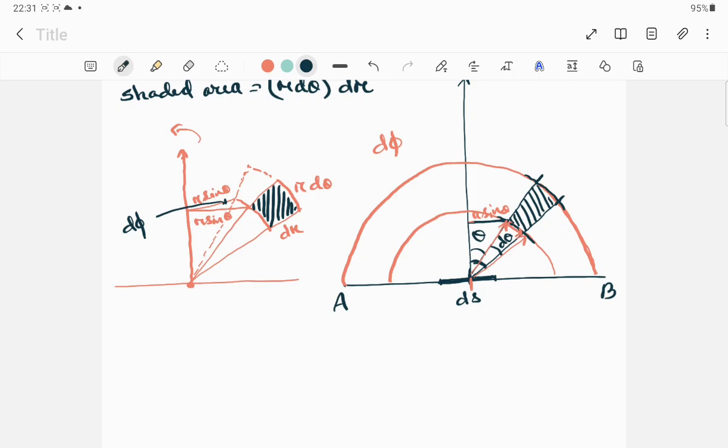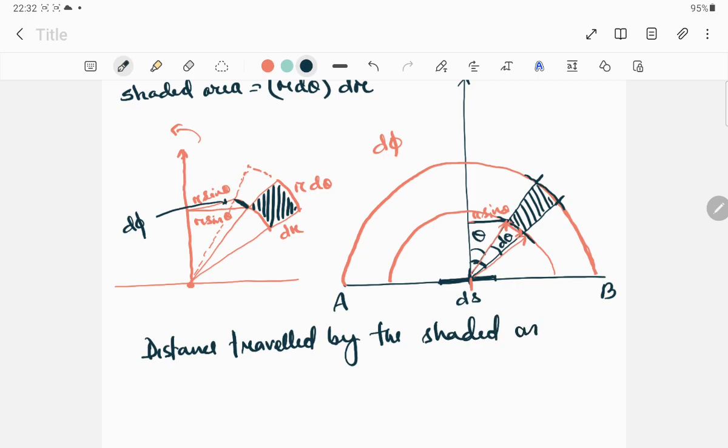Now if I ask what is the distance traveled by this particular area, this shaded area has traveled this much distance. So the distance traveled by the shaded area is equal to, again here this is the d phi.